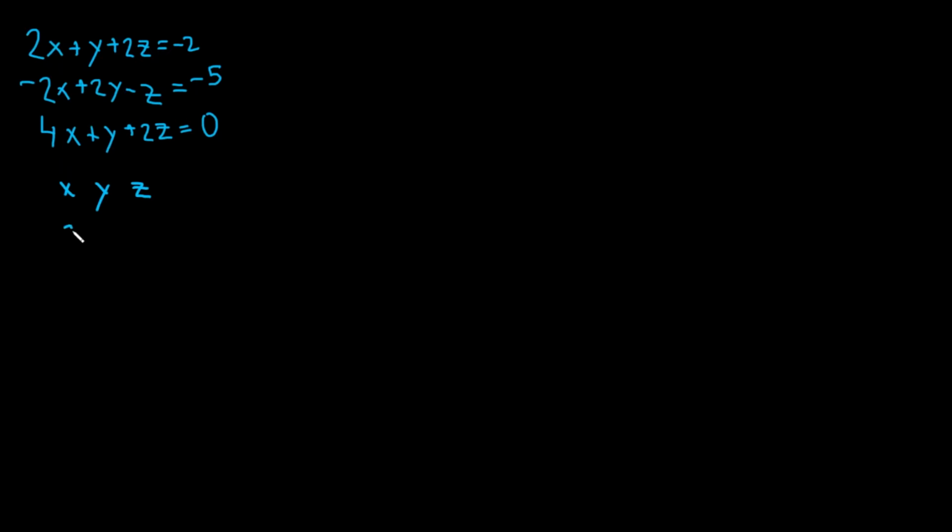So in this case, 2, -2, and 4. The second column would contain entries that represent the coefficients of the variable y. So 1, 2, and 1. Lastly, the third column would contain entries that represent the coefficients of the variable z. So 2, -1, and 2.